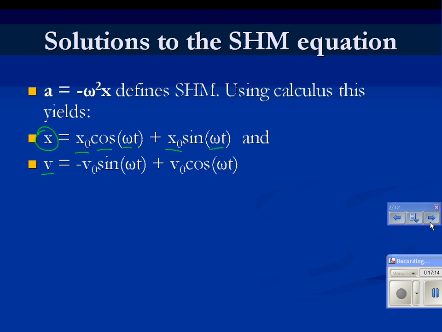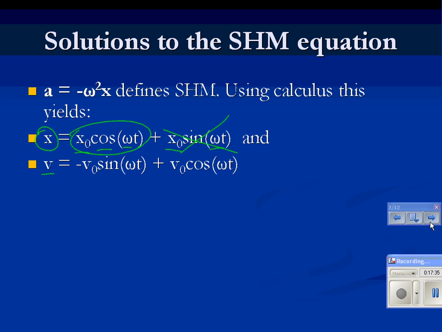When I started my stopwatch, and this thing was at maximum displacement, what kind of graph did I get for dt? Cosine, right? It turns out if I start my stopwatch at maximum displacement, this goes away.